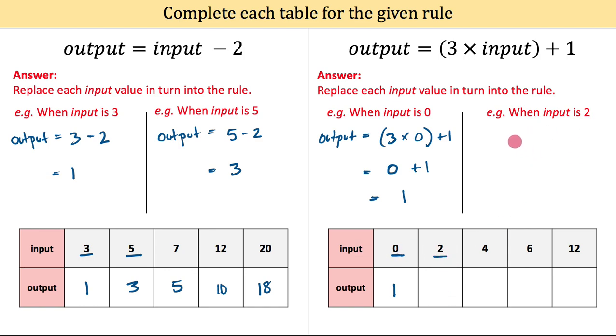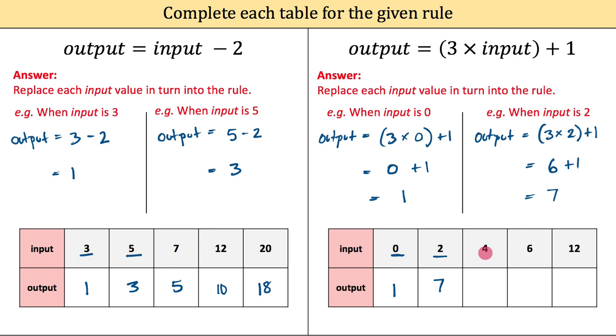And this is just where we're going to put some example working out. So output is going to be equal to 3 times, my input this time is 2, then I'm going to plus 1. What's that going to be? 3 times 2 is 6 plus 1 is 7. It's going to be 7 there.